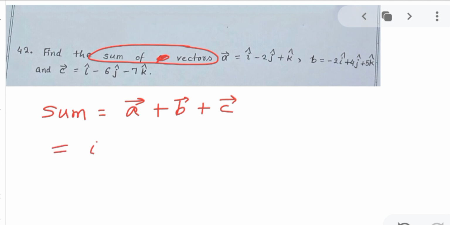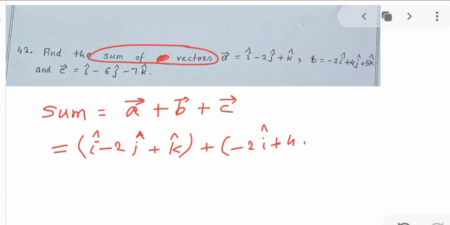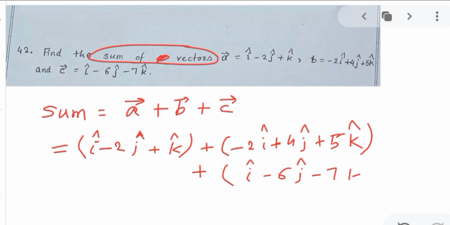So A is given as i minus 2j plus k. Just we will write one time. Minus 2i plus 4j plus 5k. And the third is i minus 6j minus 7k.